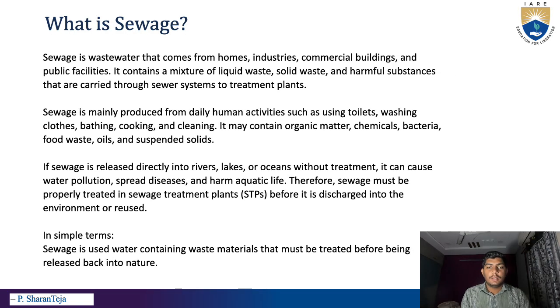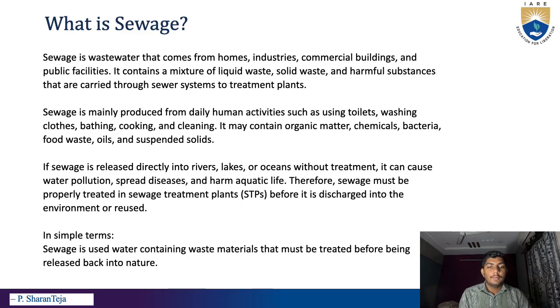What is sewage? Sewage is simply wastewater that contains impurities and harmful substances. It is generated from everyday human activities such as using toilets, washing clothes, bathing, and cleaning utensils. Sewage contains a mixture of liquid waste, solid waste, microorganisms, and chemicals.